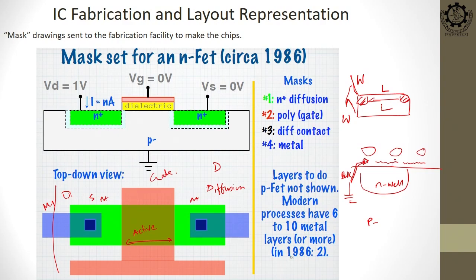So, if you do not have any contact here, only this contact is coming to ground. So, this is strongly connected to ground. This NMOS is seeing a substrate that is at 0 volt, but for this NMOS and this NMOS, their substrate voltage could be higher. Why? Because of this IR drop.